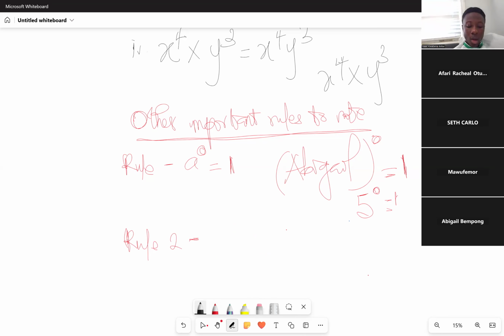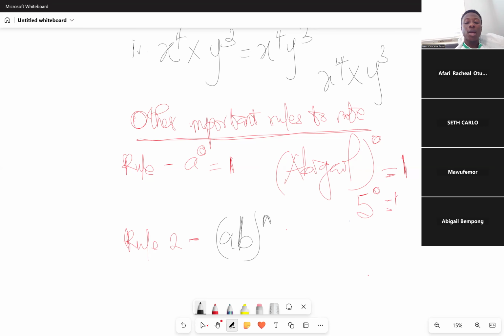When you have two terms with an index, let's start with this first, before we go to the second one we're talking about.